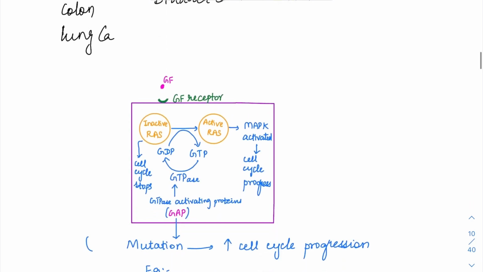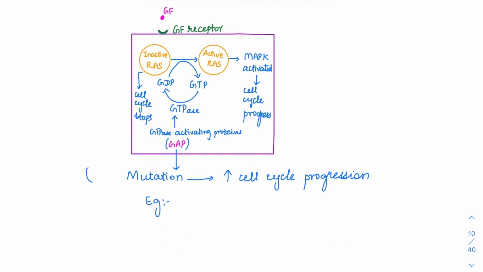So when we are seeing about this, I'll tell what happens in the RAS pathway. When a growth factor is going to get attached to its growth factor receptor, it is going to activate the signal transduction protein, which is RAS. So inactive RAS is going to get converted into active RAS with the help of forming GTP. So GDP is going to be converted into GTP in this reaction for producing an active RAS.